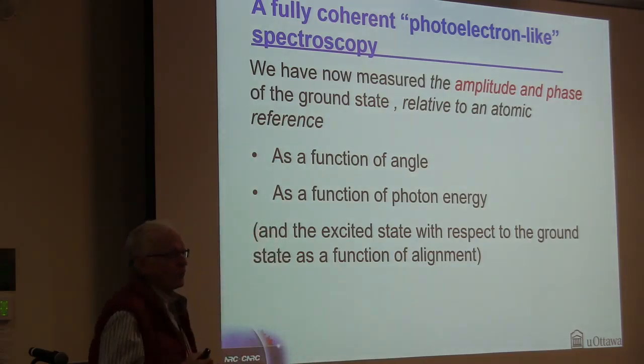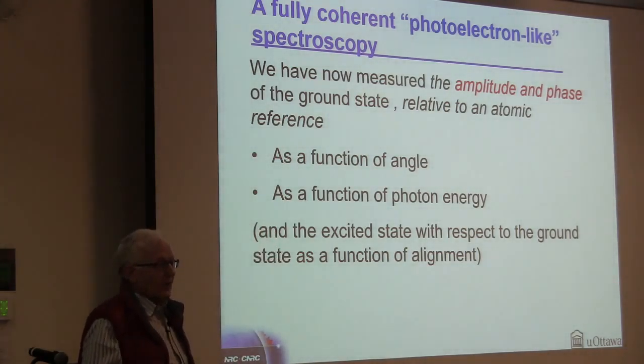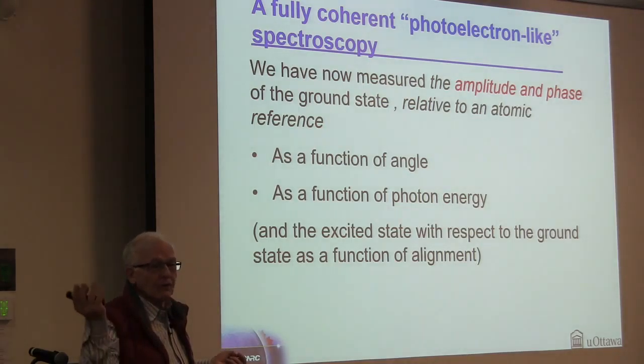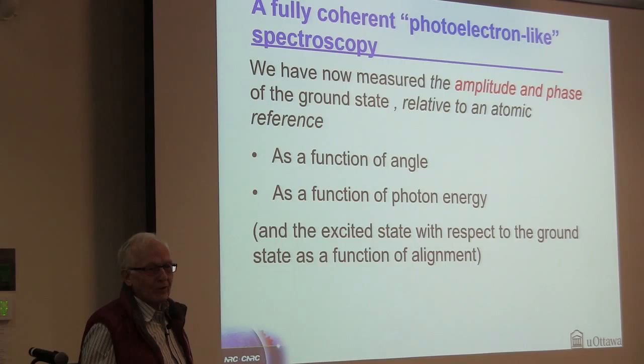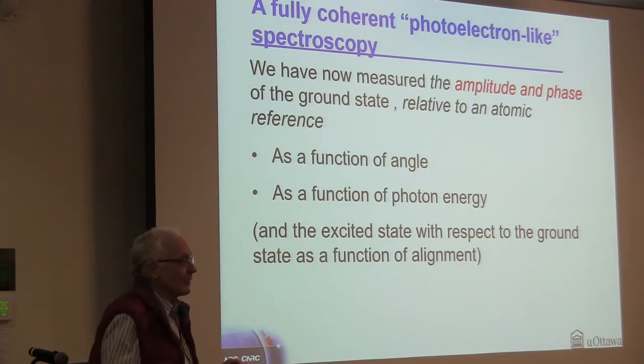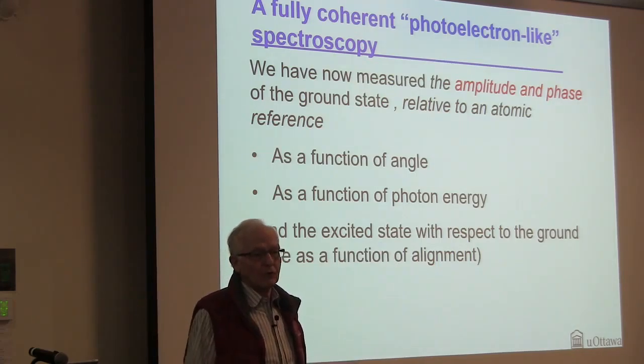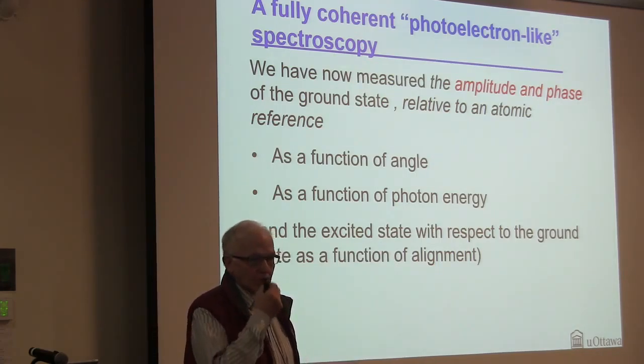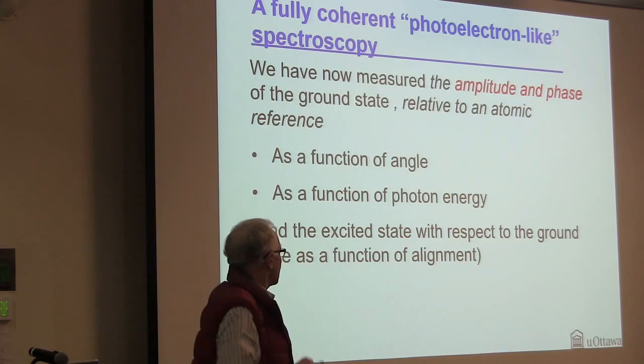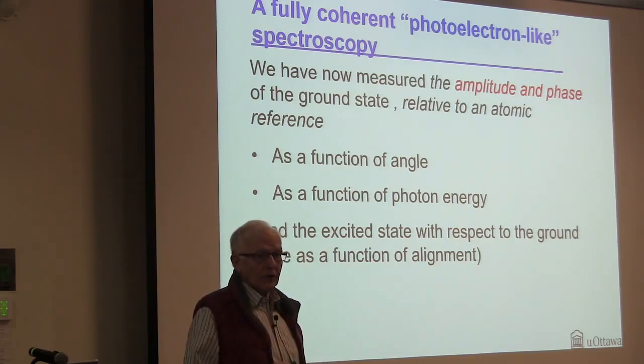And so we have all information, amplitude and phase. And of course, this is where we wanted to get to, to do a tomographic movie, but there are many states involved, and we didn't even try. But we have now all coherent information. I think it's almost full information that you can get on this kind of a process. So I think this is a very beautiful kind of spectroscopy.